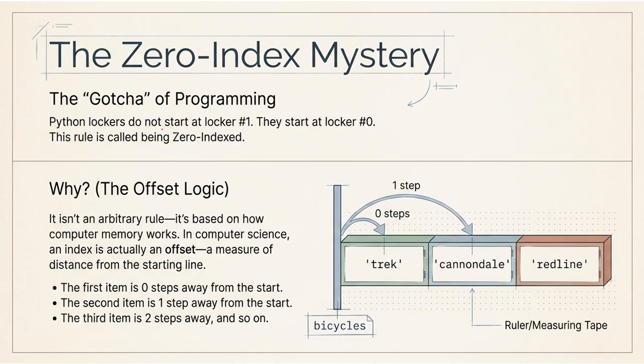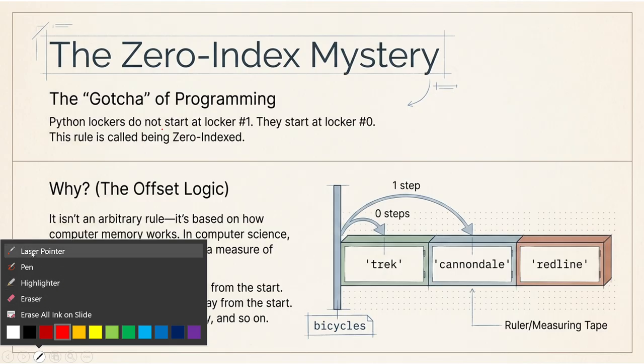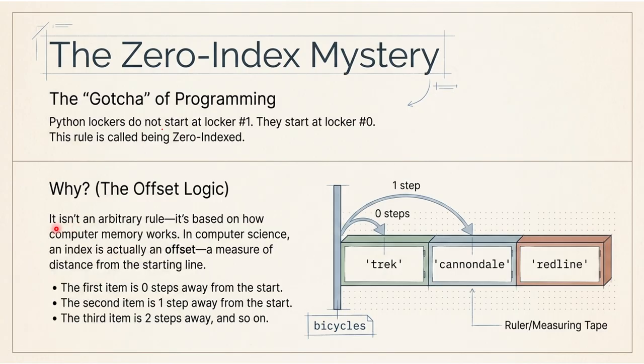So the one thing you have to always keep in mind is that Python index numbering always starts at 0. They have also given the reason for that. So what is the reason? The reason is it's based on how computer memory works.